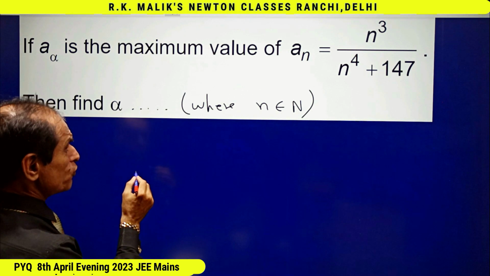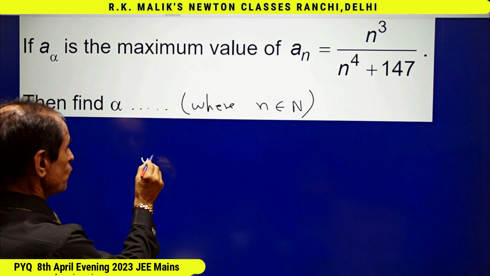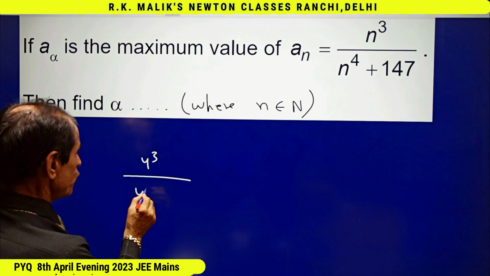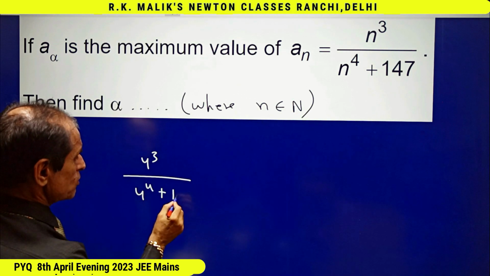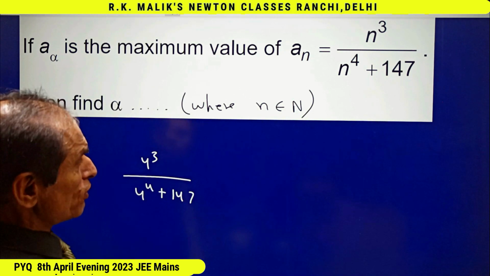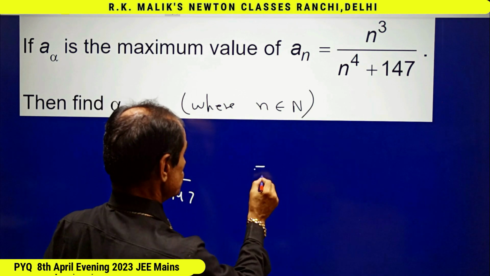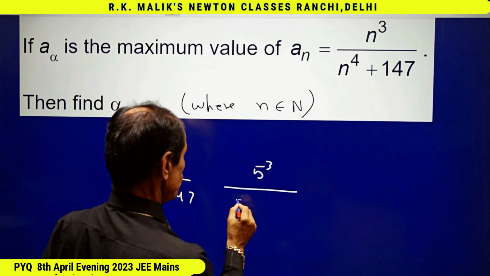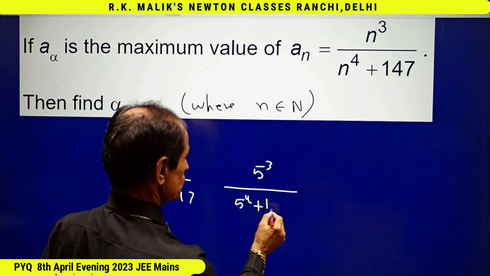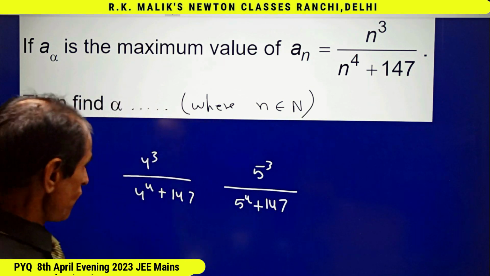For n equal to 4, I get 4 cube upon 4 power 4 plus 147, and for n equal to 5, I'll get 5 cube upon 5 to power 4 plus 147.